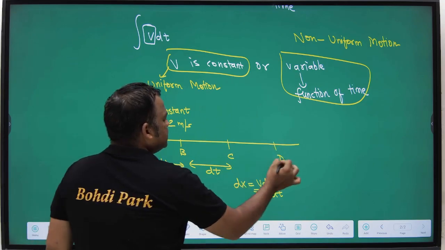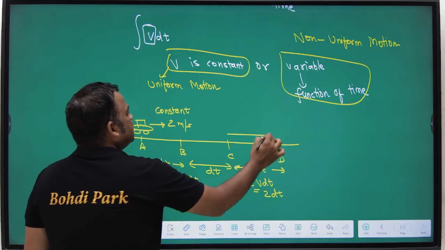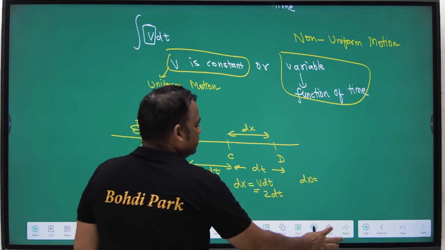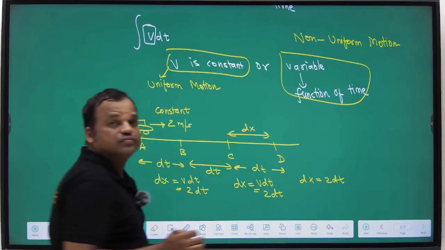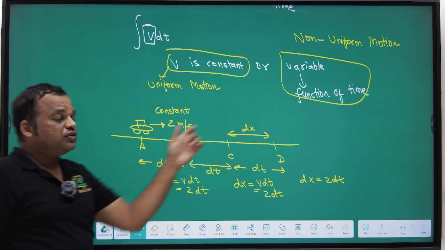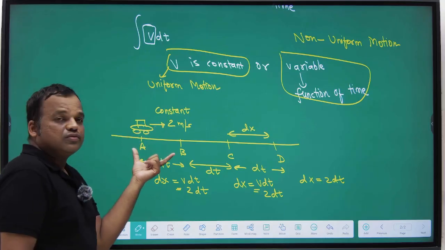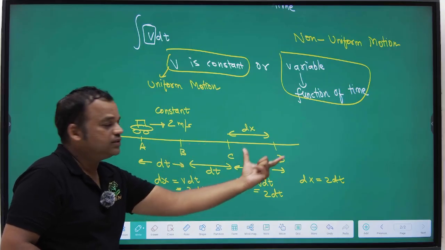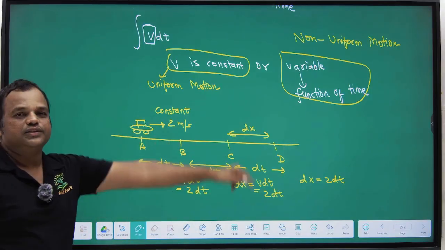Similarly, suppose there is a point D, C to D. In next dt, it will cover the same displacement dx, which is equal to 2 dt again, and it will go on like this. Velocity is constant, so all the displacements dx, dx, dx, next dx, all will be equal.